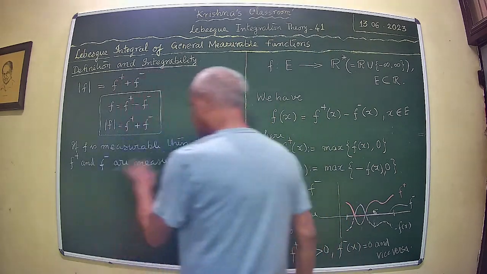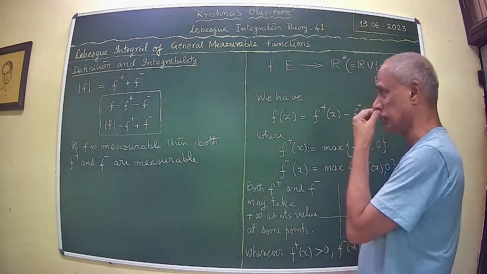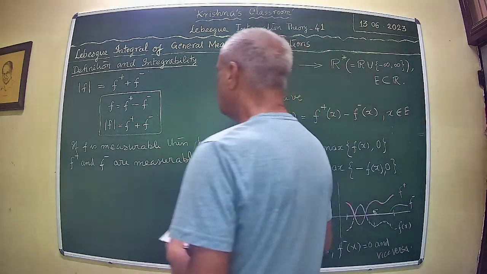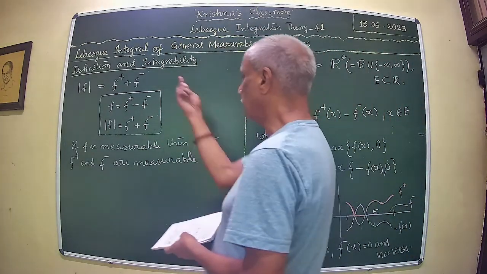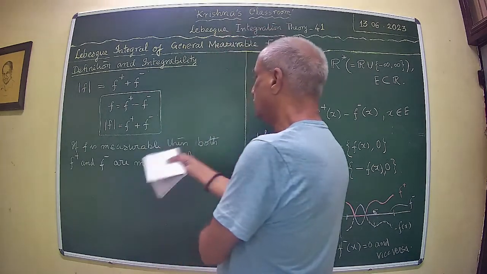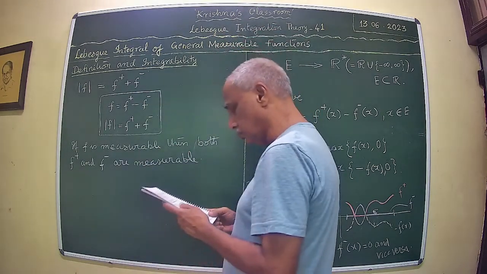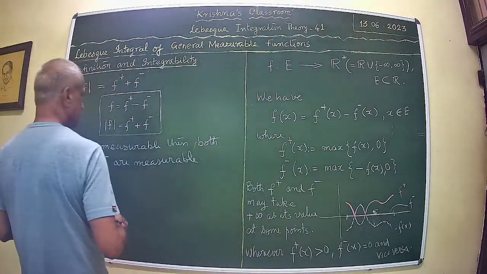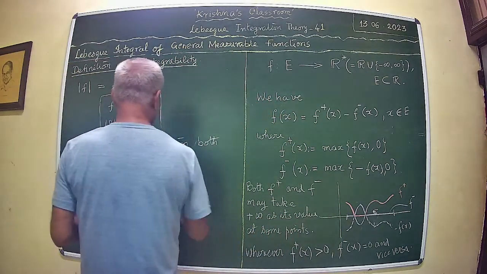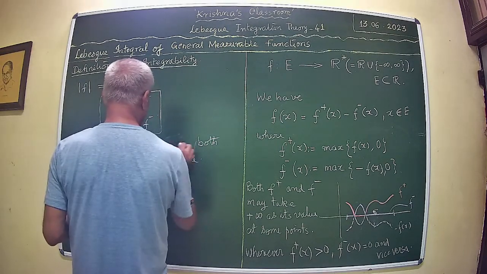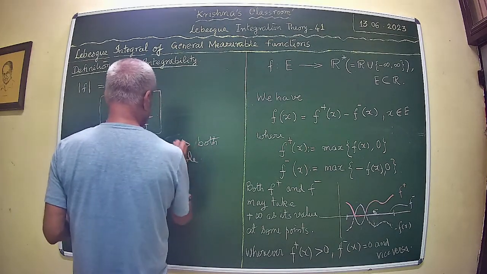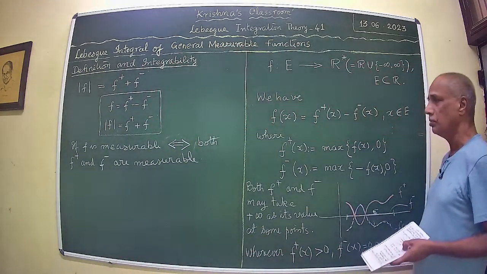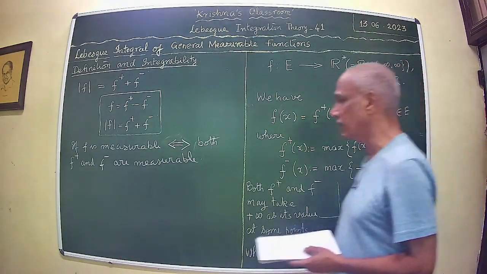So we are just using that. And then of course you see that these relations are true. So f is measurable, we can strengthen this and write it as if and only if both f plus and f minus are measurable.